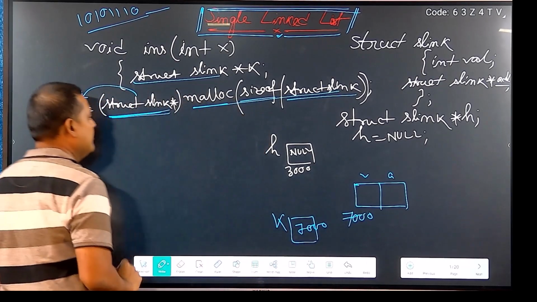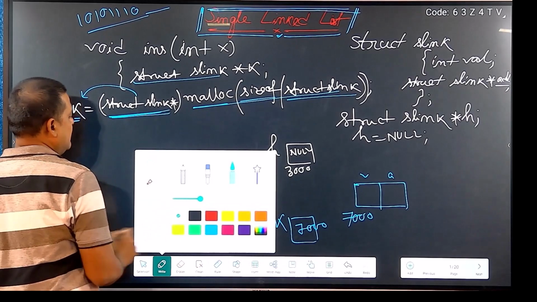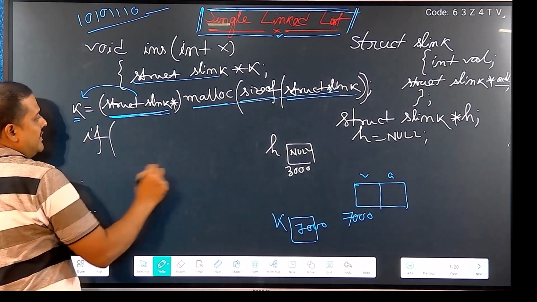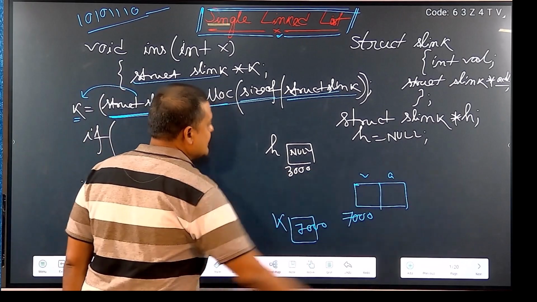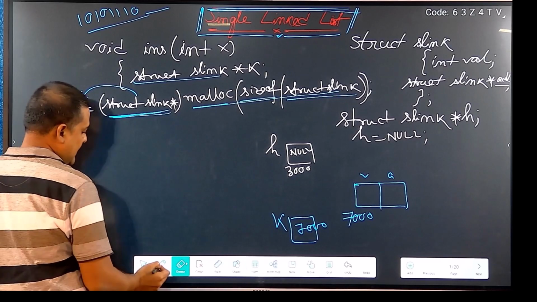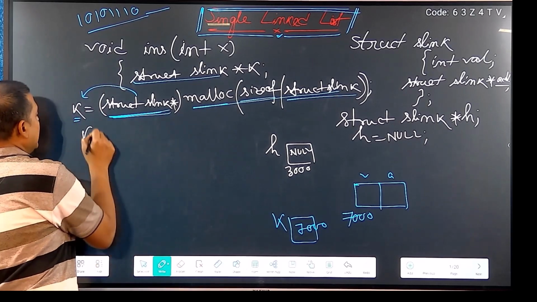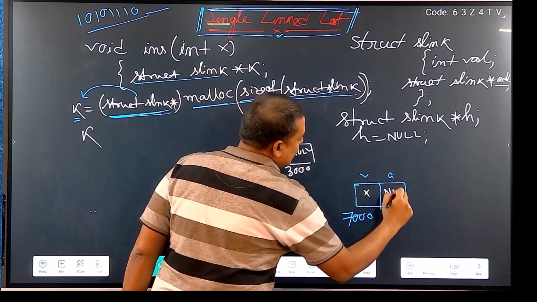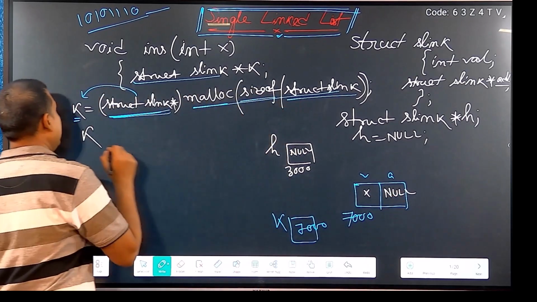Now, the first scenario. In the first case, what we will do? We will check as there is nothing, no list is created. So, before creating the link, we will assign the x value here, as we want to assign a new node.